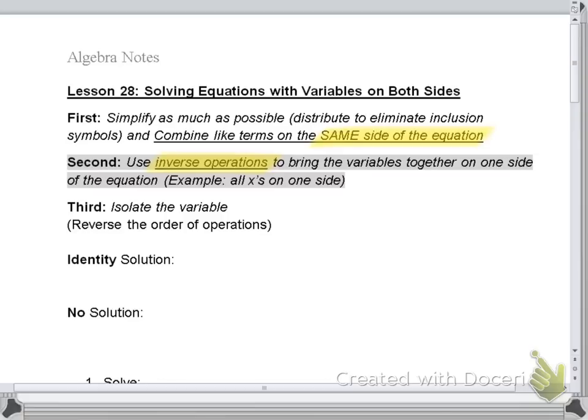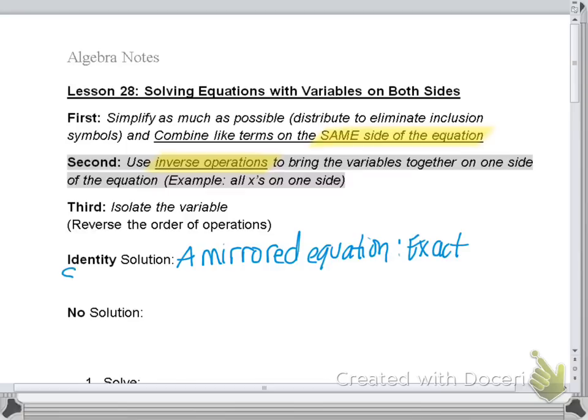So it's kind of like a mirrored solution, or a mirrored equation, which means that you're going to have the exact same term or number on both sides of the equal sign.